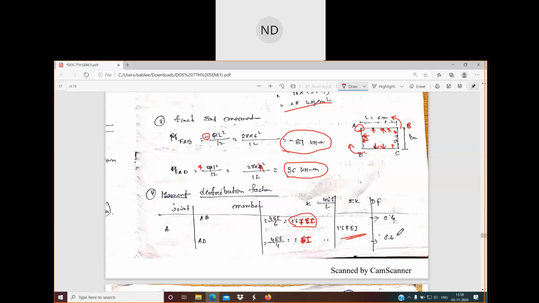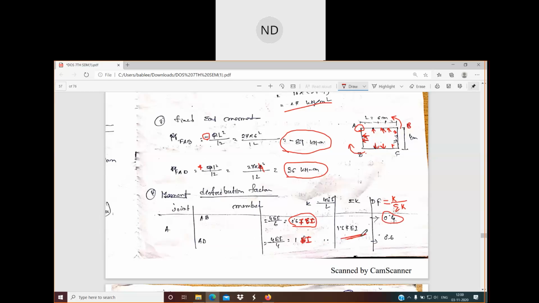The distribution factor is given by K divided by the summation of K. For AB it is 0.67 EI divided by 1.67 EI, which gives a distribution factor of 0.4 for member AB.